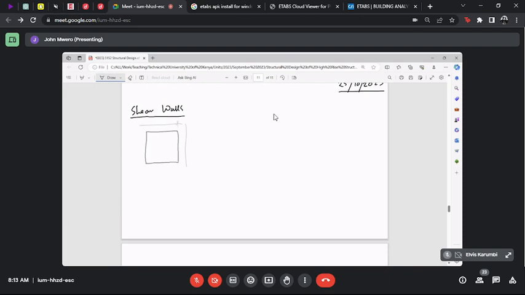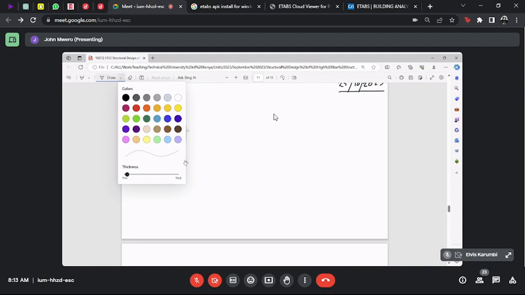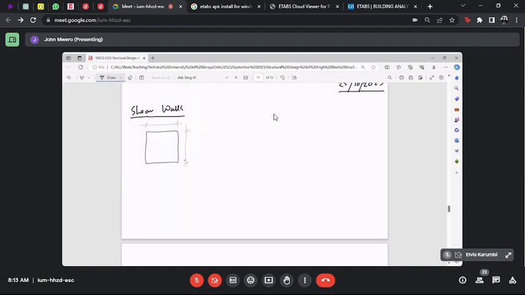This section has got dimensions here, 200 millimeters by 200 millimeters. So that's 200, and that's 200.